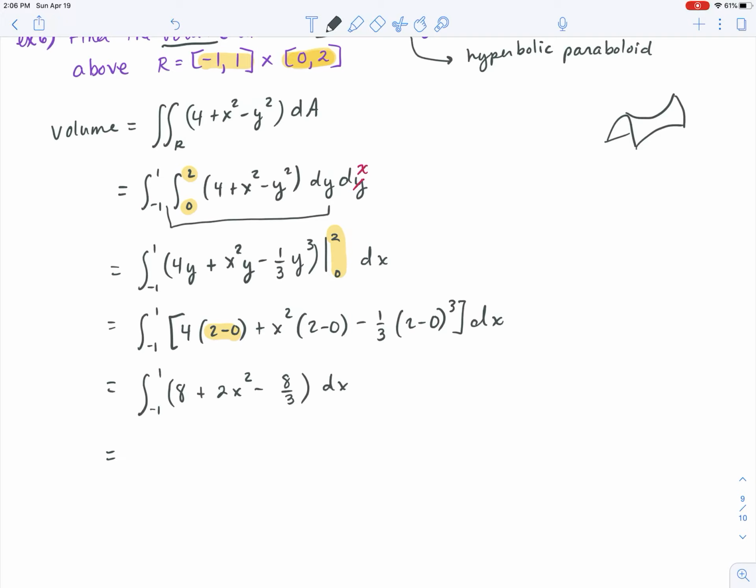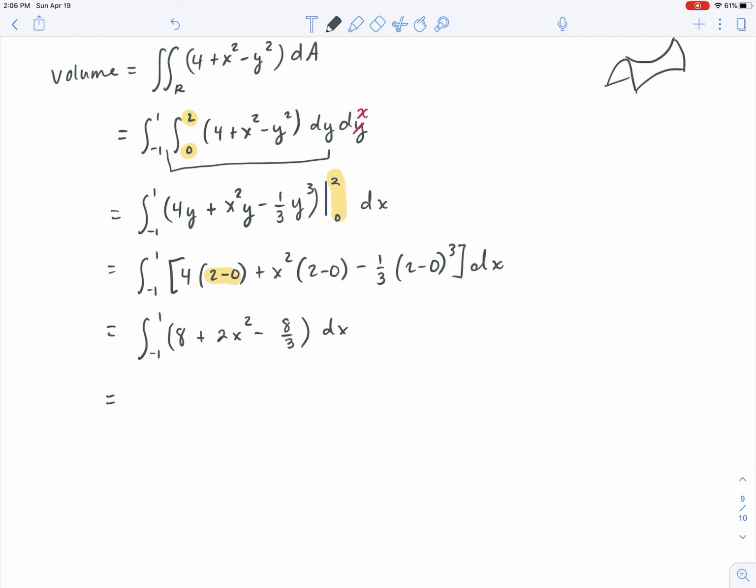And so then when I integrate again, let me not get ahead of myself, I'm going to get 8x plus 2/3 x cubed minus 8/3 x, which I could have combined, evaluated from -1 to 1. And now we've got 8x minus 8/3 x, that would be 16/3 x.